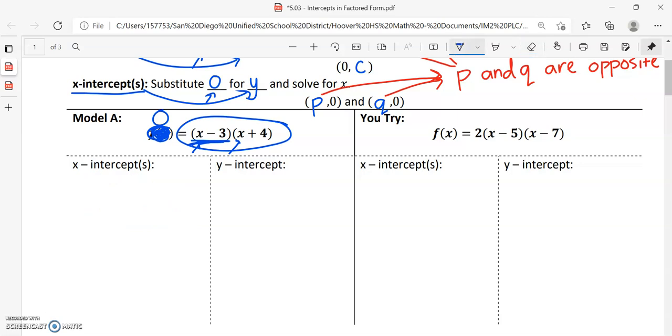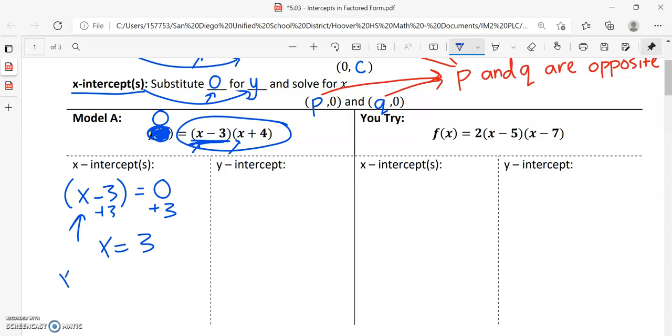So looking at x minus 3, how can we make this come out to be 0? What value goes in for x that comes out to be 0? Well, that would be positive 3. And if you can't see that, add 3 to both sides, and x would be 3. Same thing for the next one.